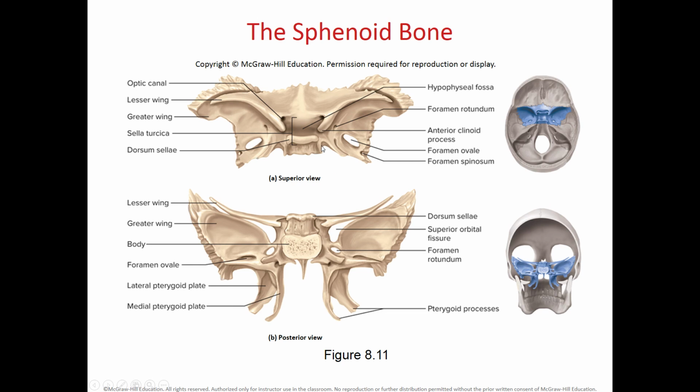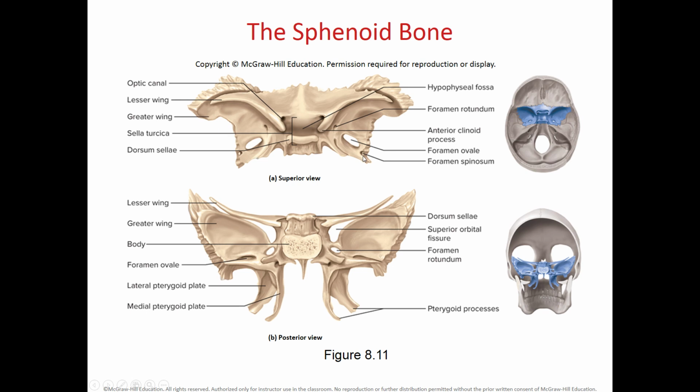Now within the greater wings, you have some foramina, like this round foramen that is called foramen ovale. And then you have anteriorly and medially within the greater wings this other foramen that is called foramen rotundum.